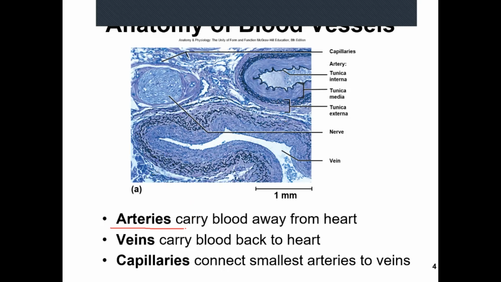Arteries carry blood away from the heart. Veins carry blood back to the heart. It's important that the name is not connected with the oxygen level. We never say that arteries are the vessels that have more oxygen or veins have less oxygen, because it's not correct. Arteries are all efferent vessels that go from the heart.